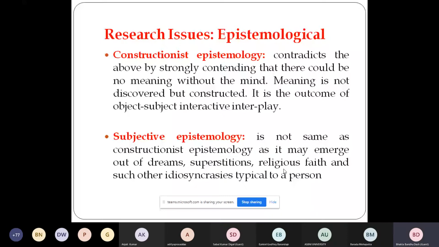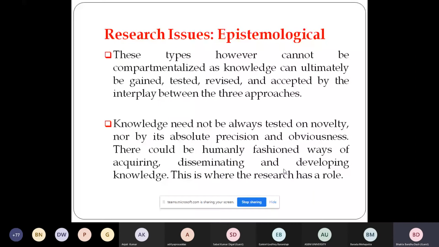One thing I want to tell you is that, whether objective, subjective or constructive epistemology, you cannot compartmentalize. Whenever you take up your research, you cannot say that it is totally focused on objective epistemology, or on subjective epistemology, or on constructive epistemology.